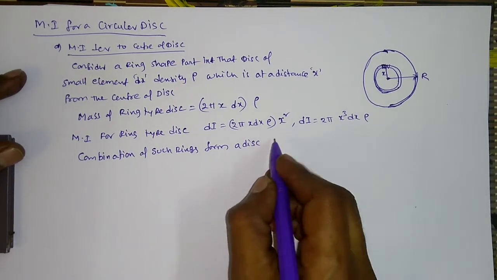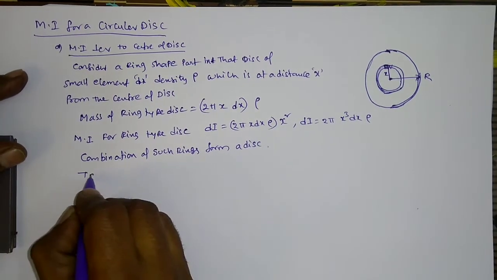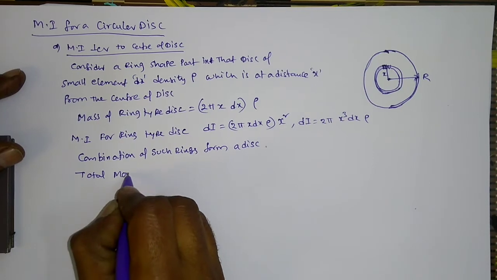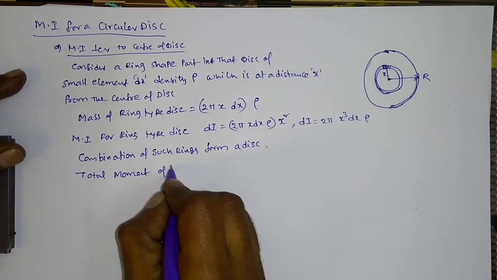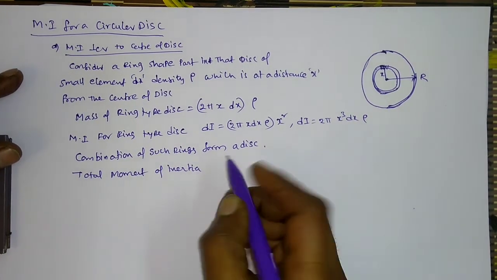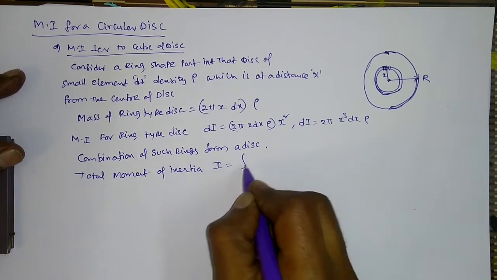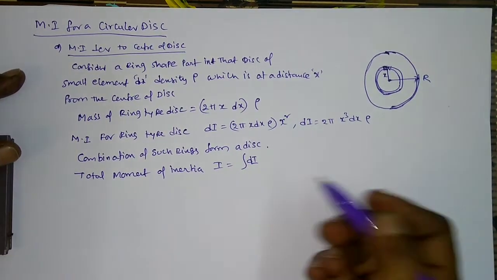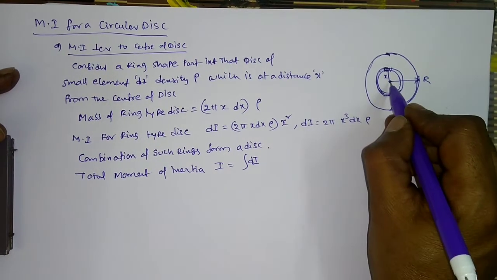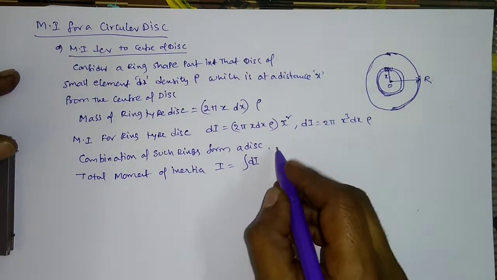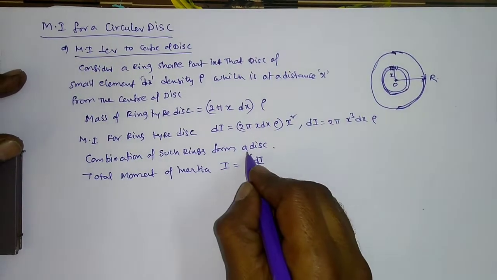So the total moment of inertia I is equal to, as usual, the integration of dI. The limits can be taken from 0 to r.